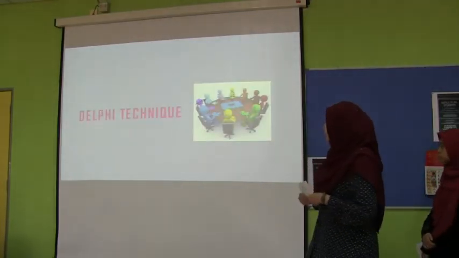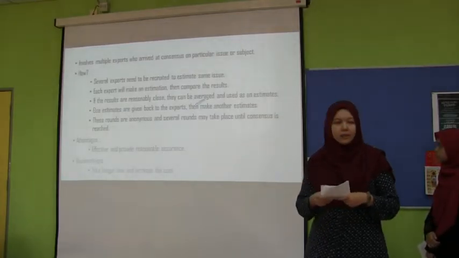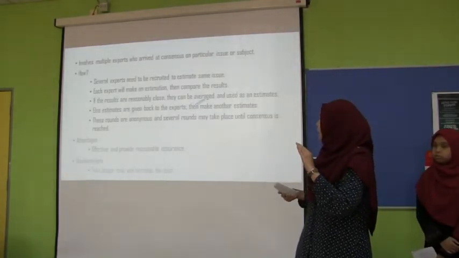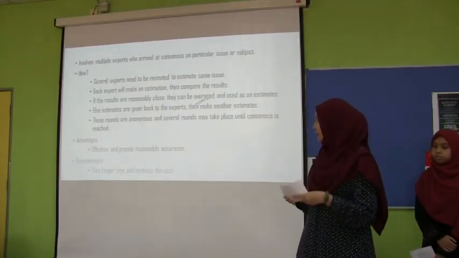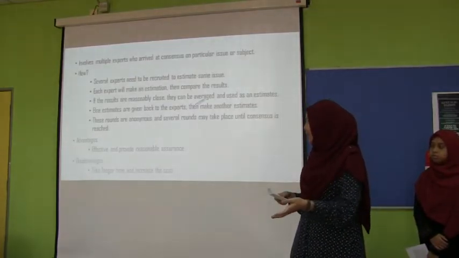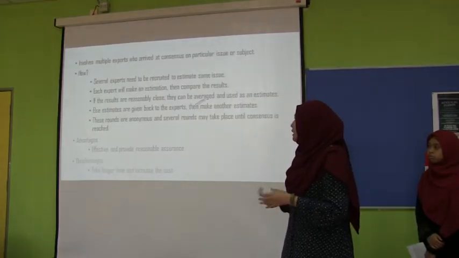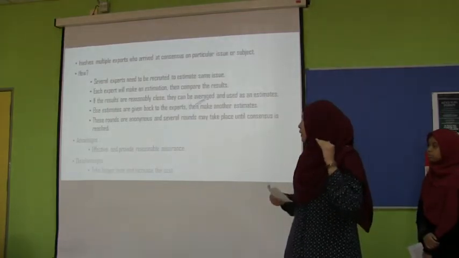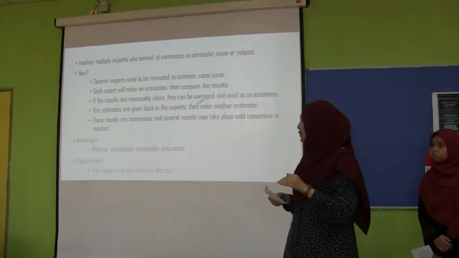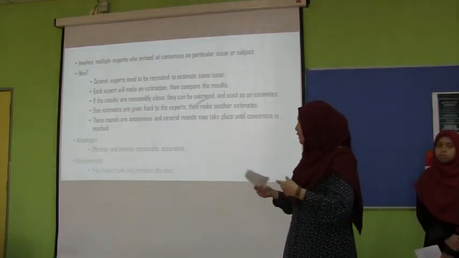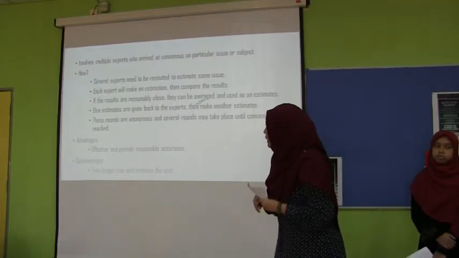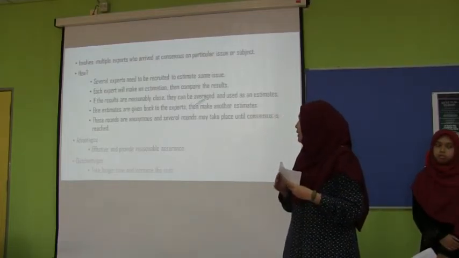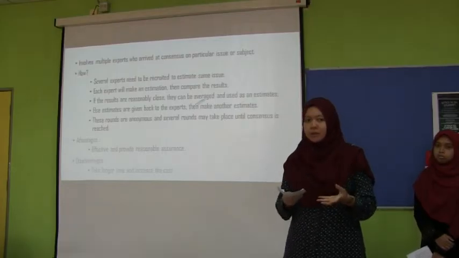Next is the Delphi technique. It involves multiple experts who arrive at consensus on a particular issue or subject. How does this technique work? First, several experts need to be recruited to estimate the same issue. They cannot discuss a different issue in that discussion. Secondly, each expert will make an estimation and then they will compare the results.